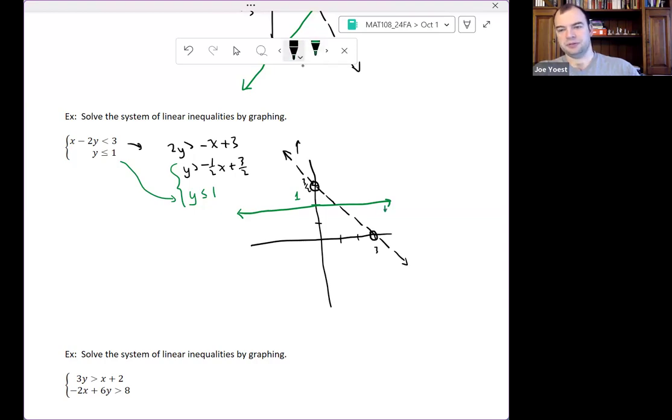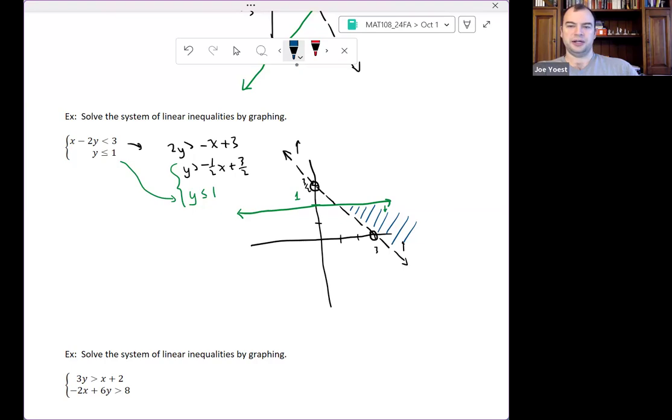So I've got to be above the black line and also below the green line. So it looks like my solution set is this kind of bottom right triangle down here. This is where I'm above the black line and below the green line.